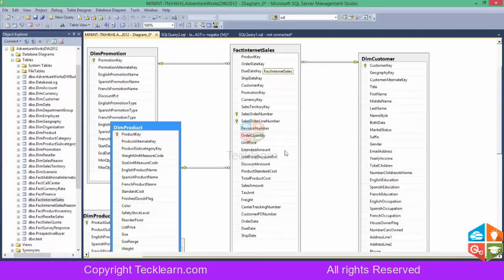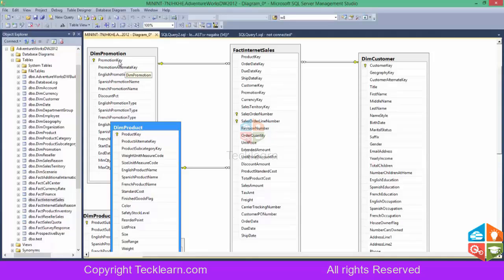Another important thing to note here: as I already told you, first we develop dimensions, we load dimensions, and then we load facts. Based on all this information, we insert keys, and then we insert the actual facts.